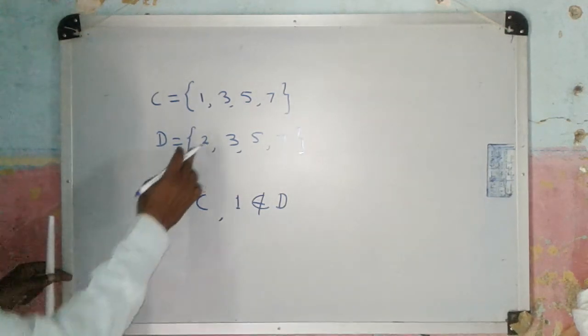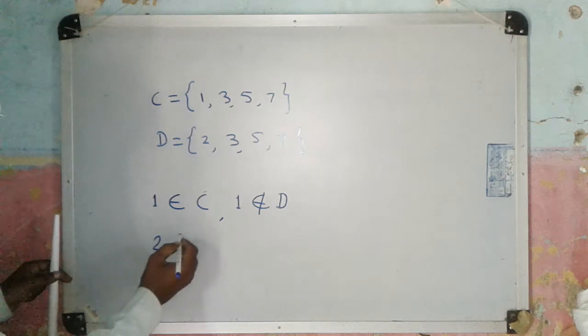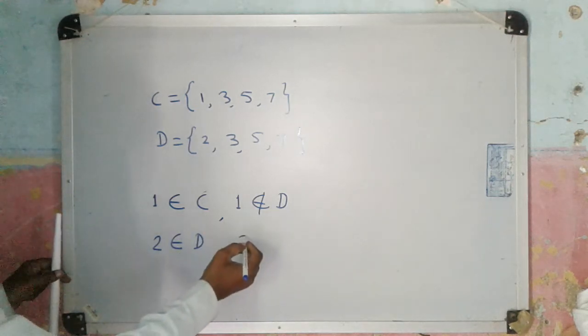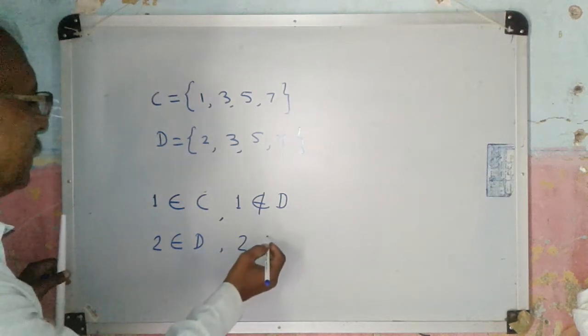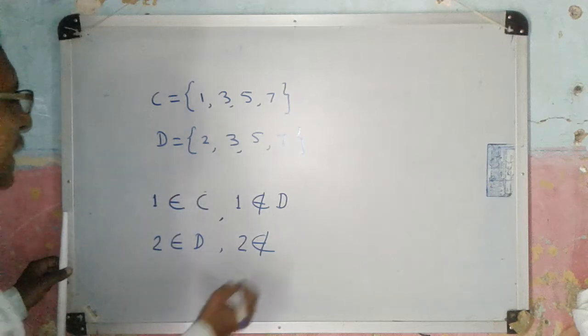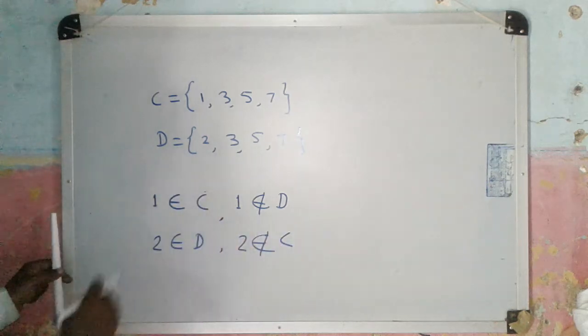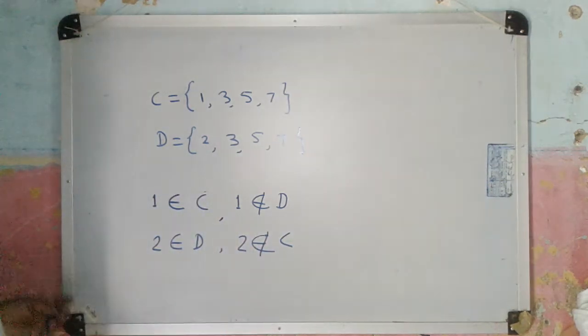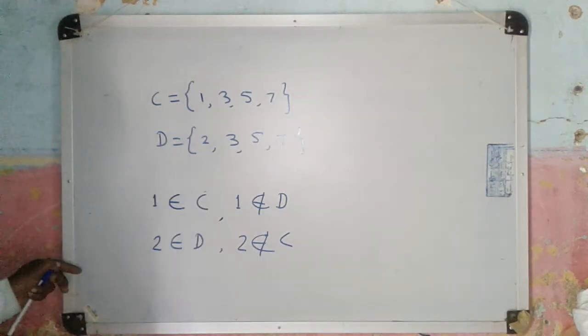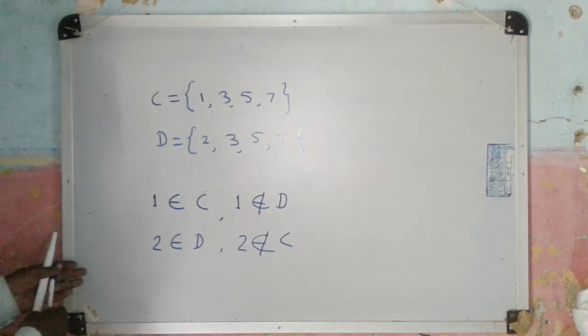Now 2 is an element of set D, but 2 is not an element of set C. Therefore, the elements of both the sets are not the same.